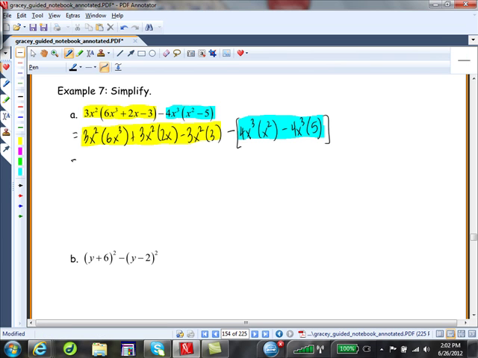Okay, so now simplifying. 3 times 6 is 18. X squared times x cubed is x to the, good, 2 plus 3, which is 5. Plus 3 times 2 is 6. X squared times x is x to the 2 plus 1, which is x cubed. And then here, minus 9x squared.